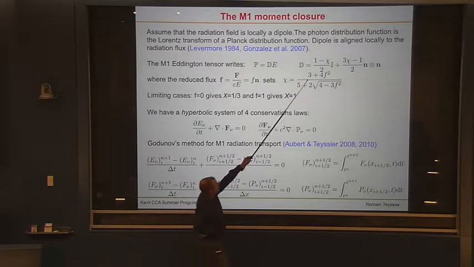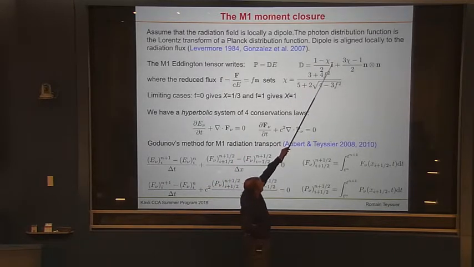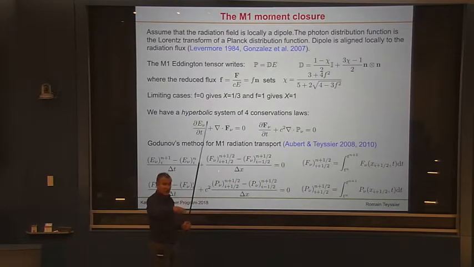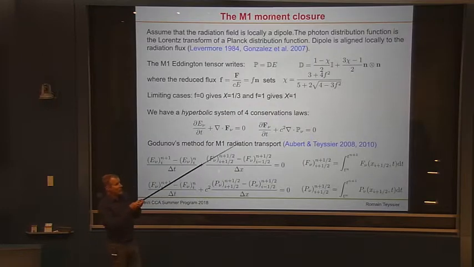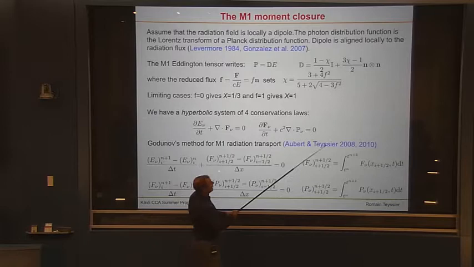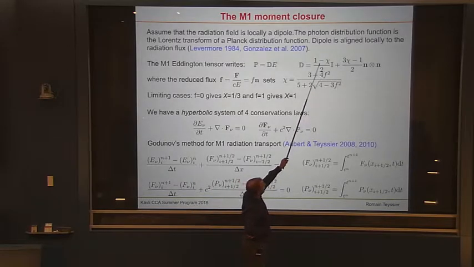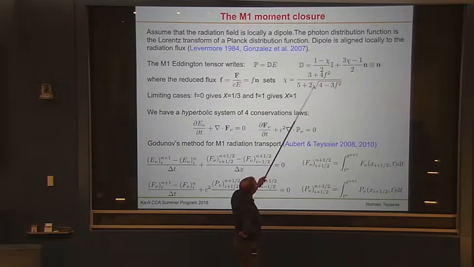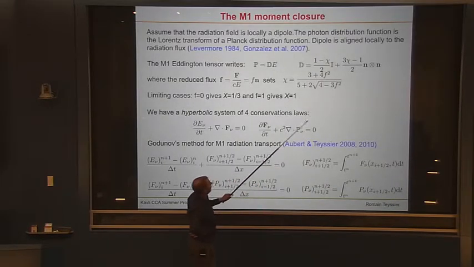That's the isotropic radiation case. And the other is the purely optically thin single stream regime, where you have one source shooting in one direction. That's the other extreme case. The idea of the M1 method is to have a linear combination of the two, and the linear combination is given by this function here, which depends on the reduced flux.